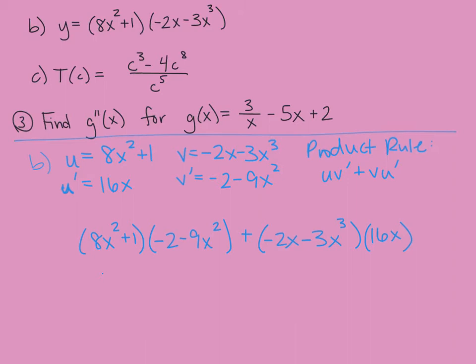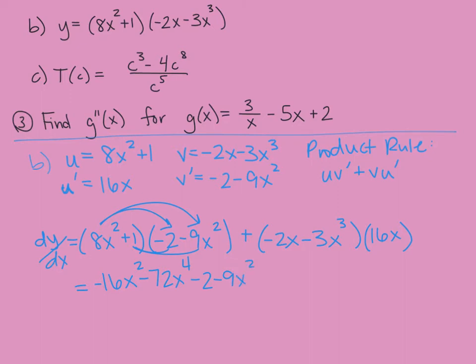Then when we multiply this all out, so this is dy dx since we found the derivative, we'll have negative 16x squared minus 72x to the 4th. Then distributing the 1, we'll have minus 2 minus 9x squared.